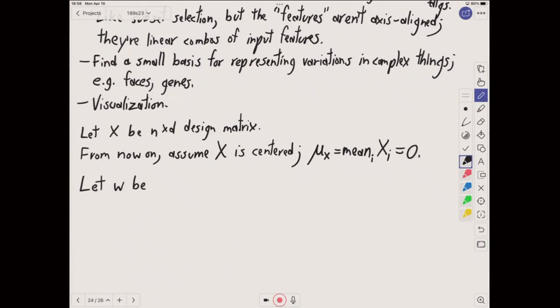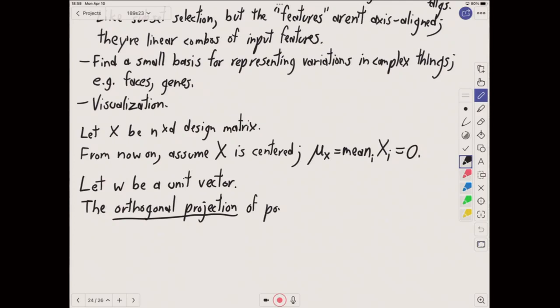I haven't told you how to find w yet, but let's suppose we've already found it. I'm going to assume that it's a unit vector. I like my principal components to be unit vectors because that simplifies things. And given that, now I might want to compute the orthogonal projection of some sample point, let's call it little x, onto this principal component vector w.